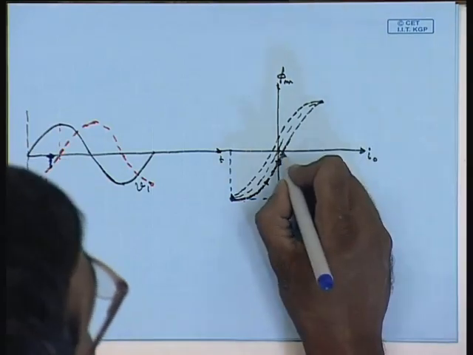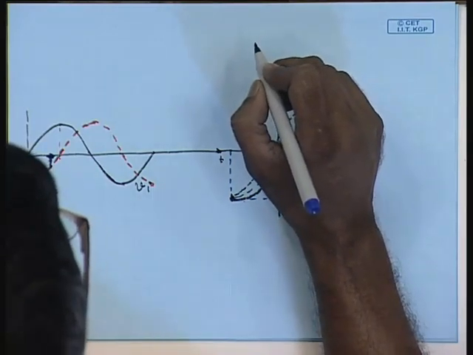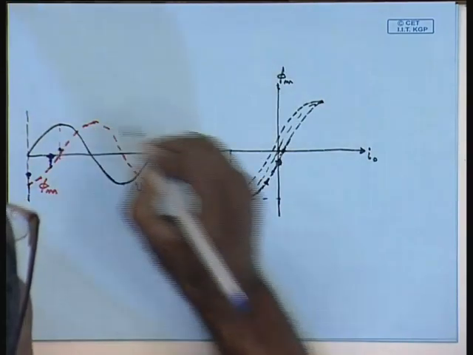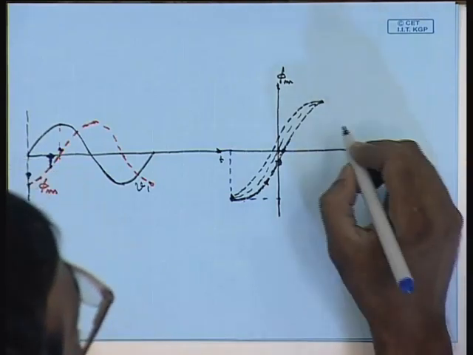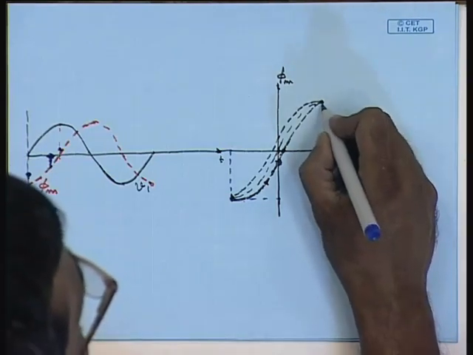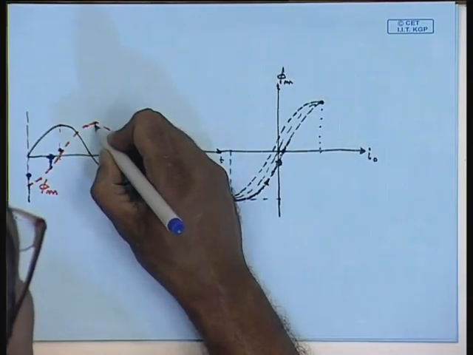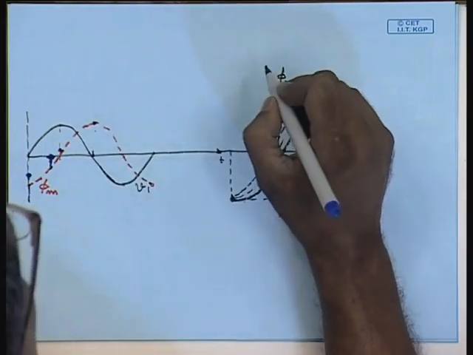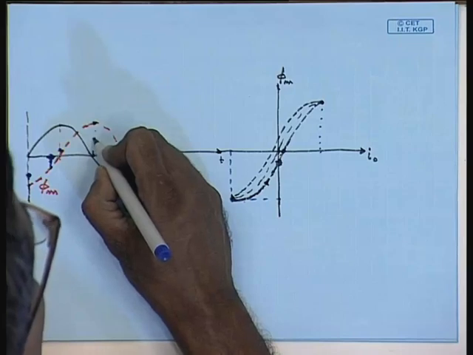When the flux becomes 0, we find that the current has already become small positive. Again, when the flux reaches its positive peak, which coincides with the zero crossing of the voltage, the current also reaches its positive peak.